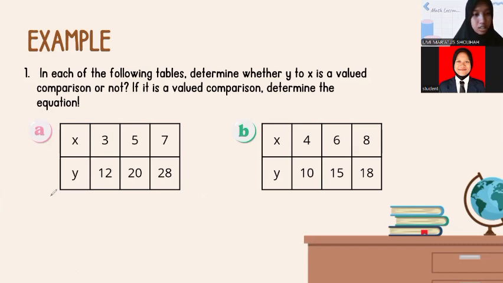The answer is value comparison. Okay. In one column, the value of comparison is k equal to y1 divided by x1. Now, y1 is 12 divided by 3.